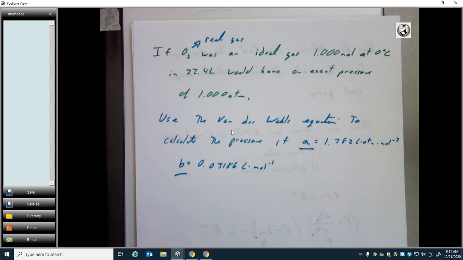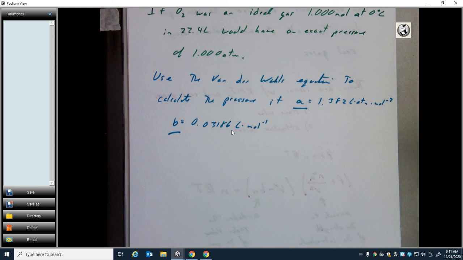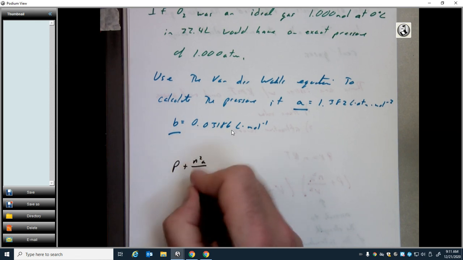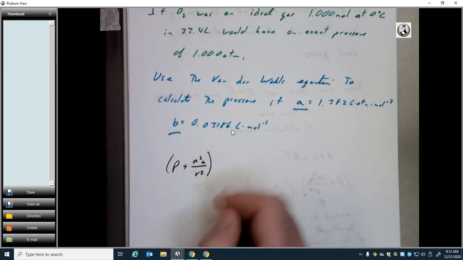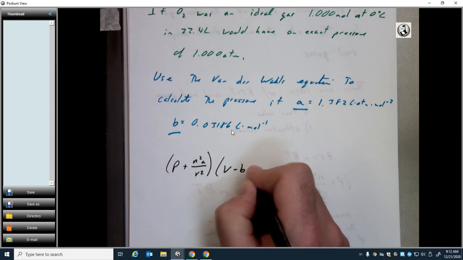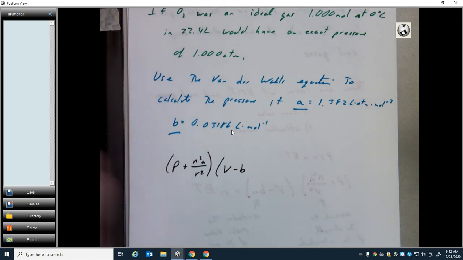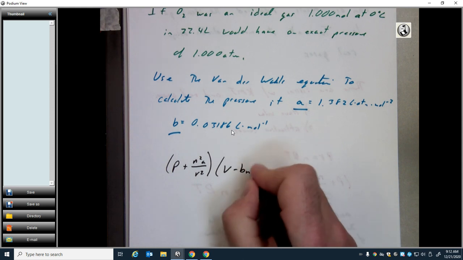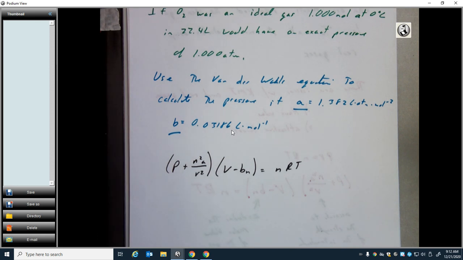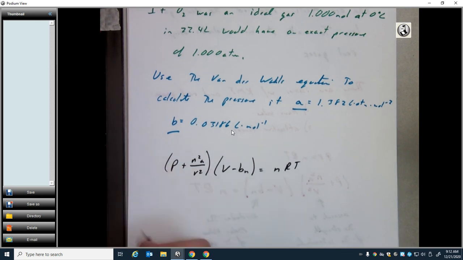So they're giving us the A and the B. All right, well, let's see what it does. P plus n squared A over V squared, times V minus Bn, equals nRT. So we're trying to figure out this pressure.